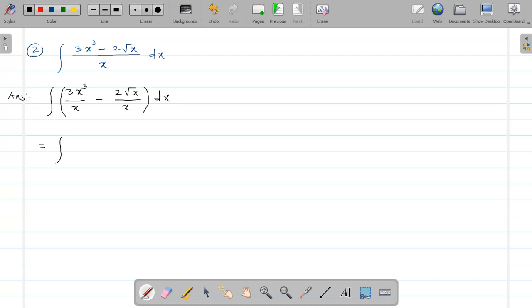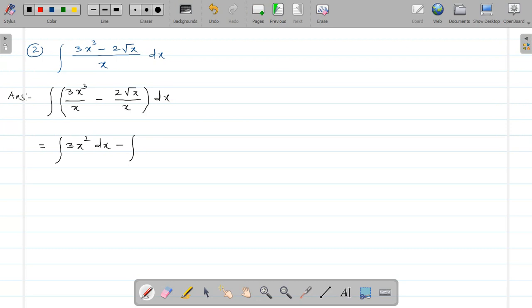So we will take the integration of 3x cube upon x. Now x cube upon x means x square. So I will write just 3x square here, and we will evaluate with respect to x, minus integration of 2 root x upon x.